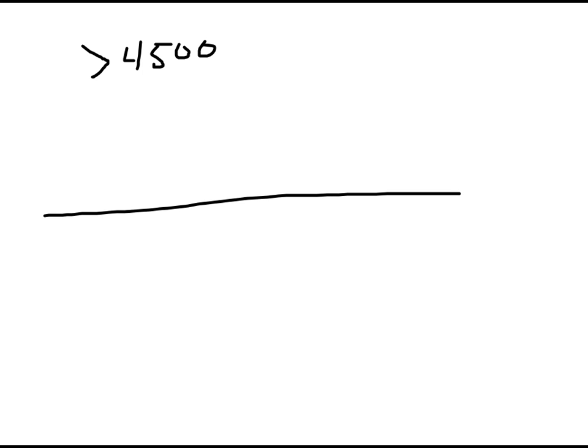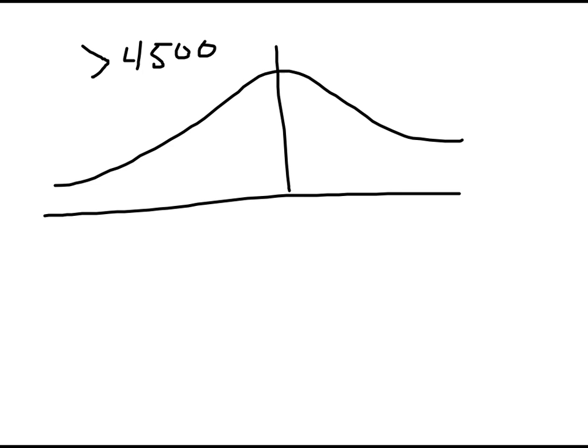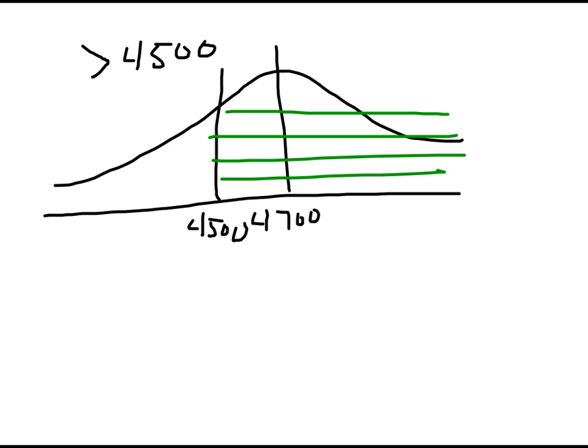Okay, the second one. What's the probability that sales will be greater than 4,500? So again, our mean is 4,700. 4,500 is somewhere here. And we're interested in greater than 4,500.